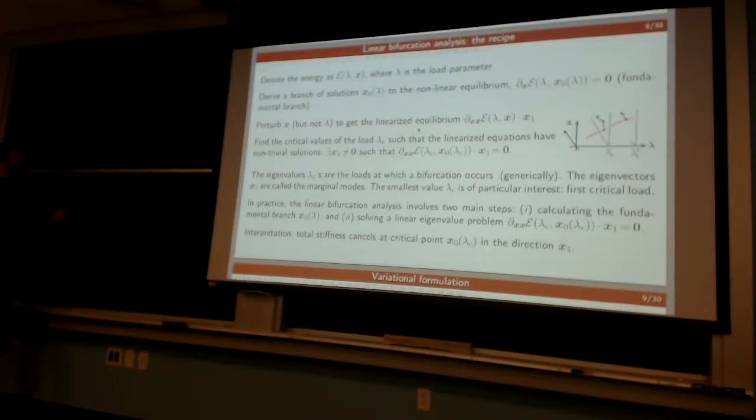Then you need to perturb the equilibrium, so you perturb the configuration, and you linearize the equation with respect to the perturbations. That gives you the second derivative of the energy, which is now a function at x, evaluated for an increment x1.